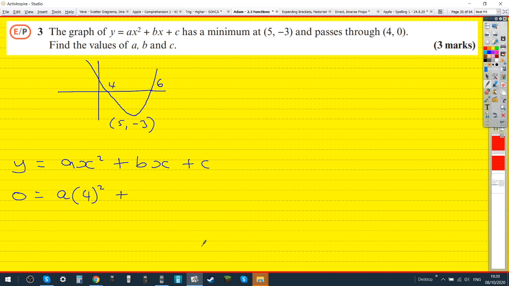And then b times 4, and then just add c. Let's just leave that for a moment. Okay, so 0 equals 16a plus 4b plus c.